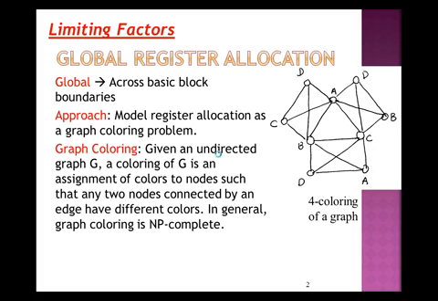Then we studied graph coloring, where every node has a different color so that we can differentiate between the different edges. Suppose there are three edges in this, and this is an undirected graph, that is, there is no direction.